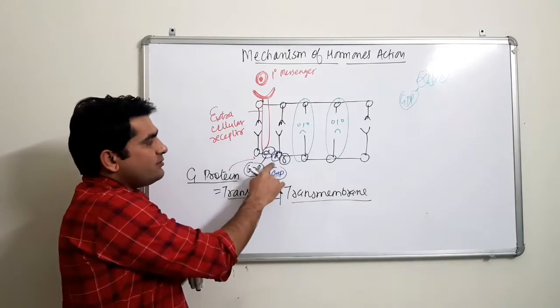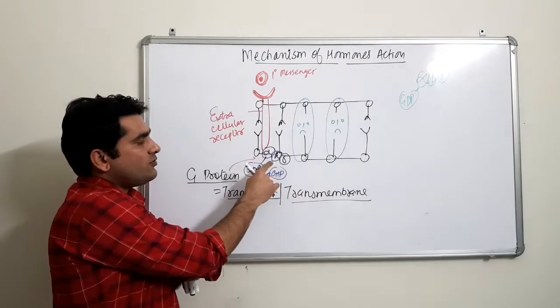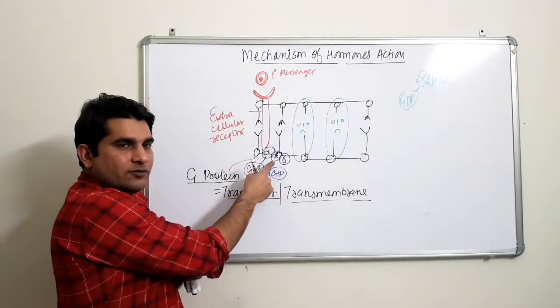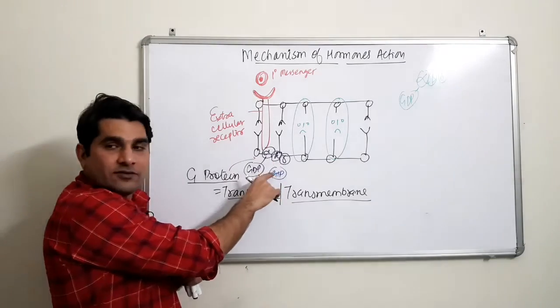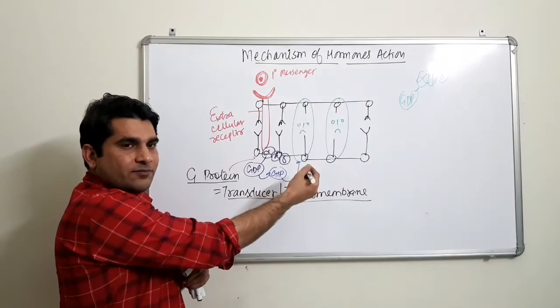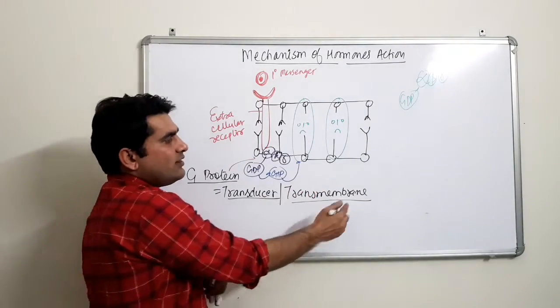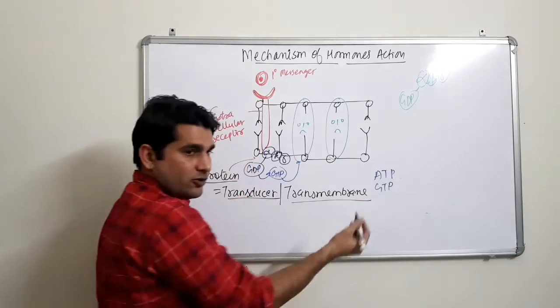When this protein is charged, by the addition of phosphate, after charging there is a breakdown, and alpha along with the GTP goes away, and beta and gamma remain there. And this alpha along with the GTP activates another enzyme. In the cytoplasm of the cell, there is ATP present, there is GTP present, and other molecules.